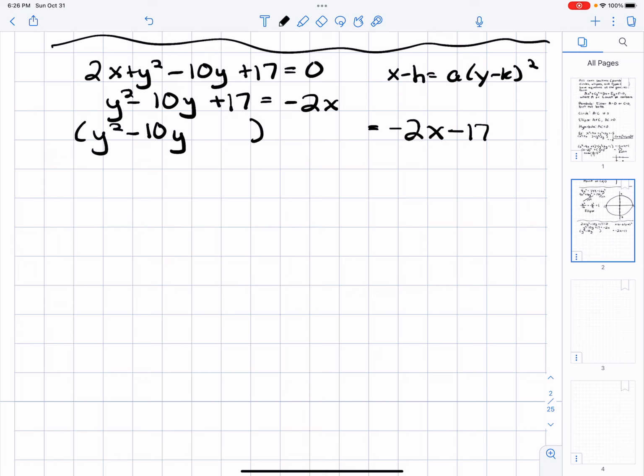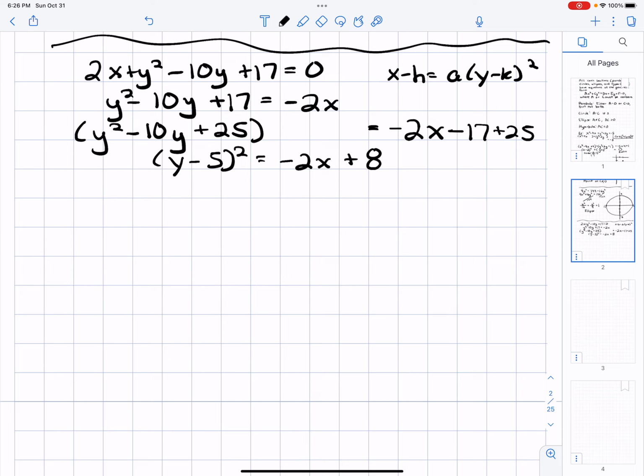All right, so half of 10 is 5. 5 squared is 25. So adding 25 here, there's nothing in front. So let's go ahead and add 25 over here as well. So we've got y minus 5 squared equals negative 2x plus 8.